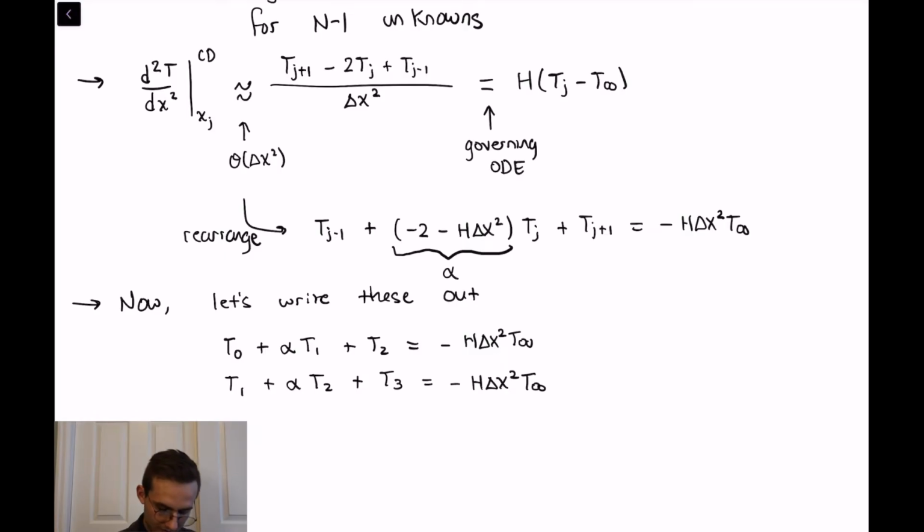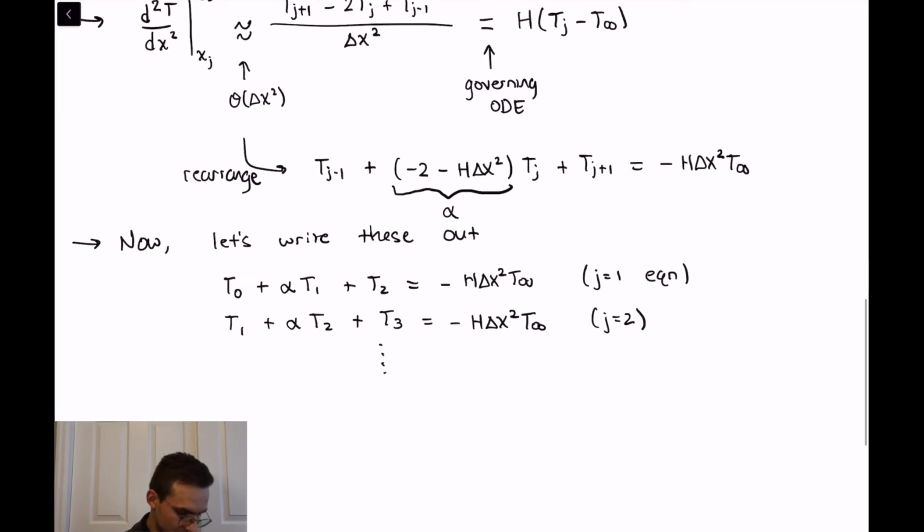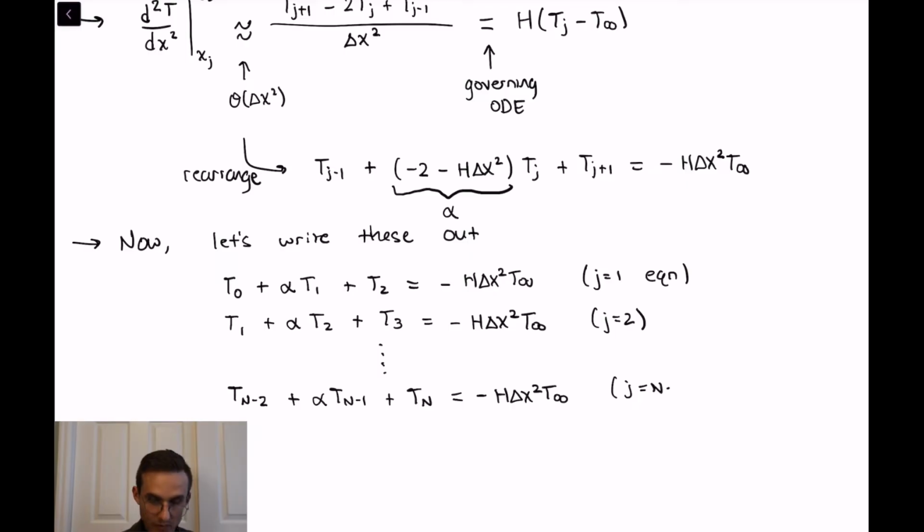Okay, so the first equation there is the equation for j equals 1. The second equation is j equals 2 for that specific interior point. And this continues until the final equation, which would be T_{n-2} plus alpha T_{n-1} plus T_n equal to minus h delta x squared T infinity. And then of course that equation is the j equals n minus 1 equation.